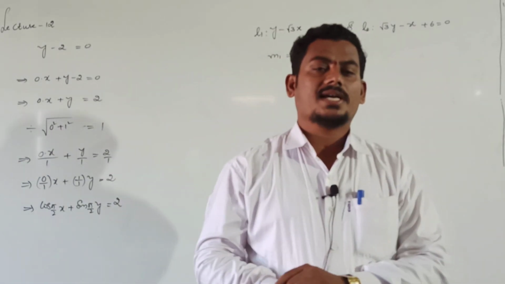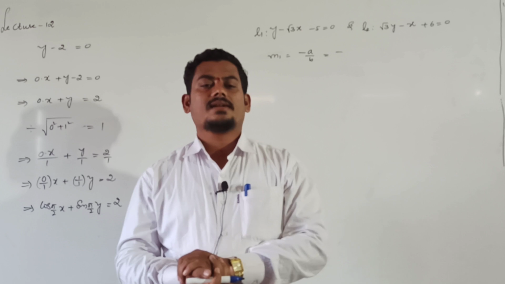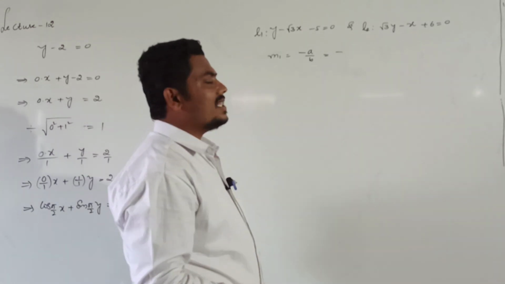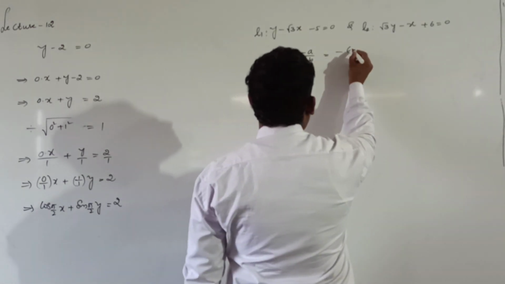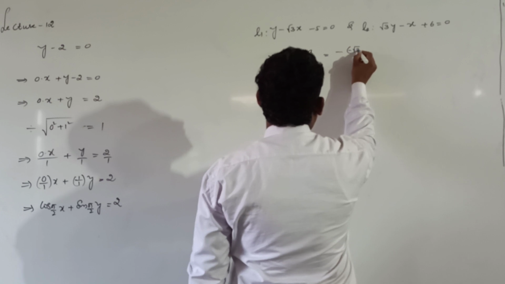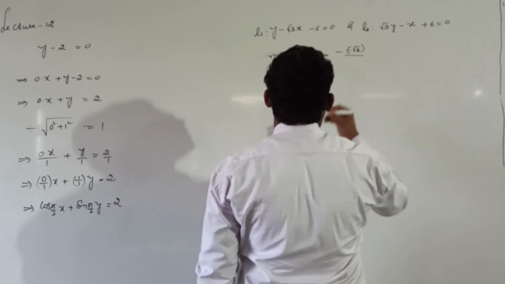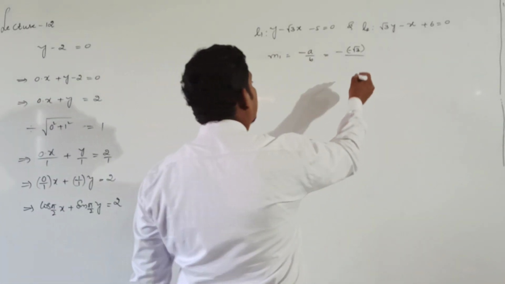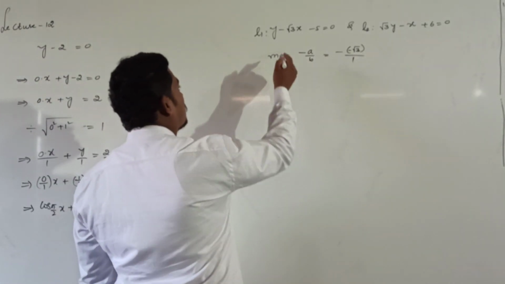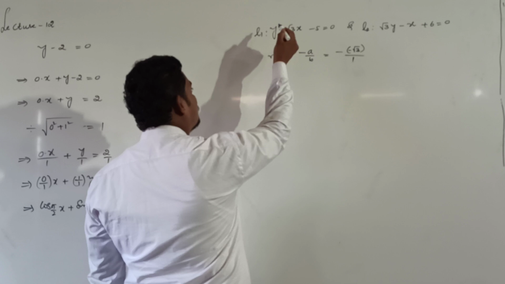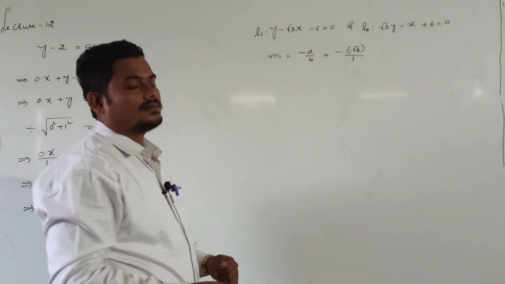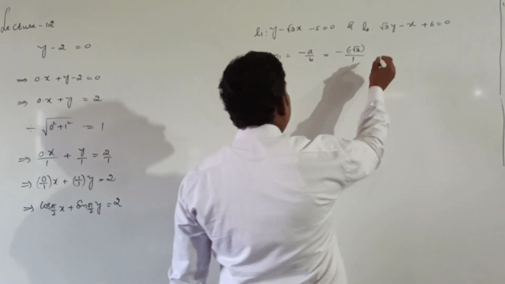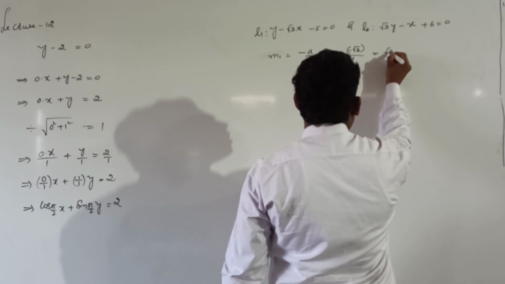In line 1, what is the coefficient of x? That is minus root 3, divided by b, the coefficient of y, which is equal to root 3.